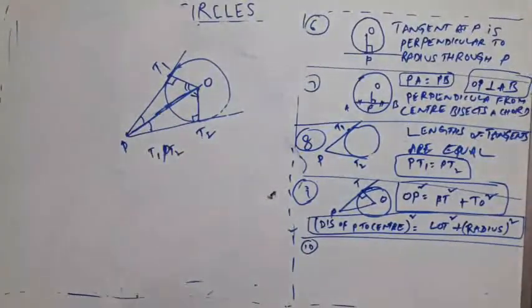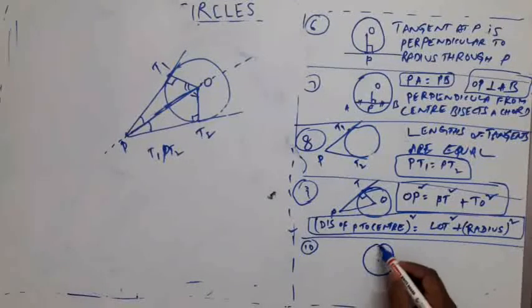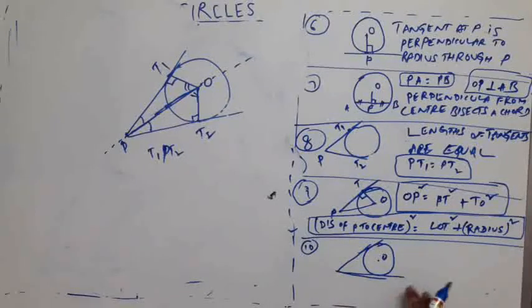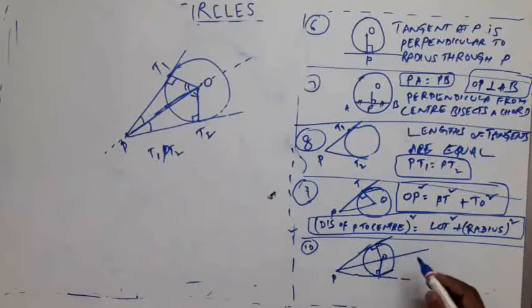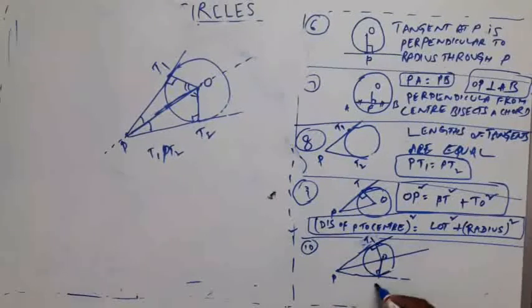This means OP is an angular bisector of this angle. Let us say this is T1, T2.